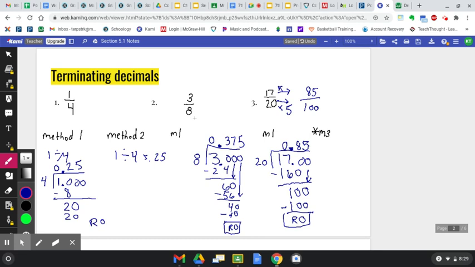8 doesn't go into 100 evenly, so that method here wouldn't be beneficial to use, right? But 4 certainly does, right? 4 times 25, if I multiply that by 25, that gives me 100. And then 1 times 25 is 25, right? 25 out of 100 is 0.25.